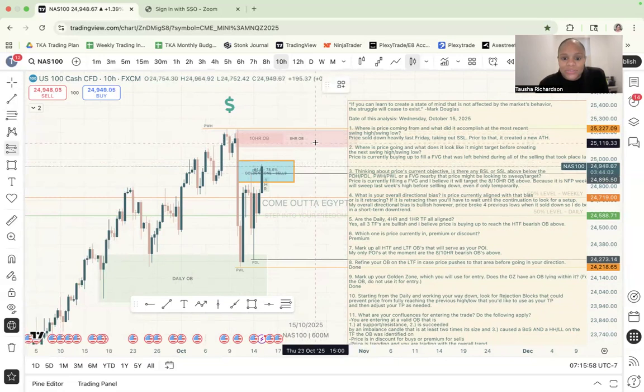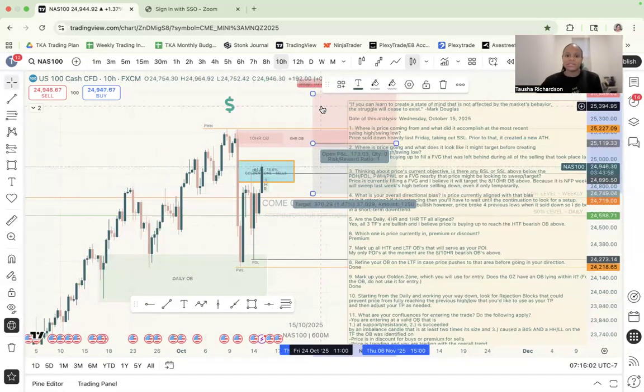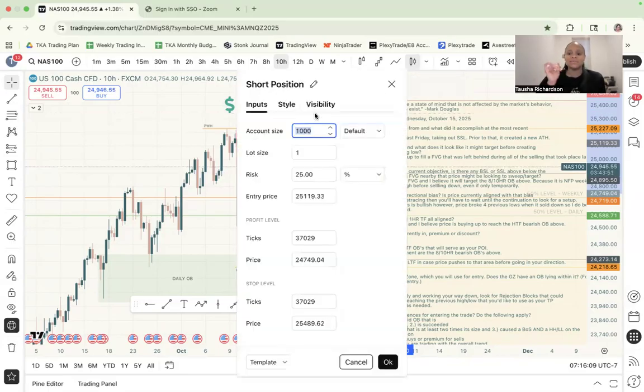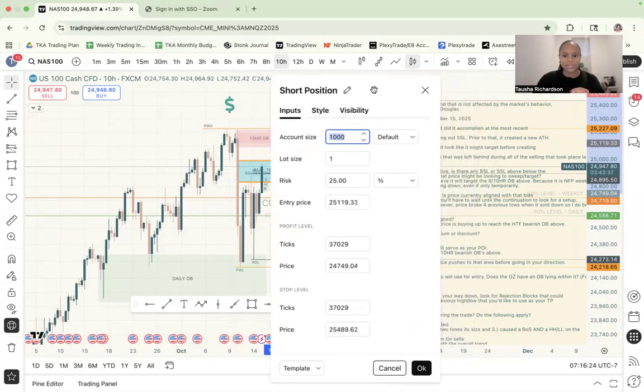I'm going to set my entry at the bottom of the 10-hour order block just because I have noticed that price likes to, especially when it comes to sales on NAS, if there's more than one order block in an area, price does like to reach up to tap the uppermost one, even if it just wicks it before going your way. So I'm going to put my entry there.